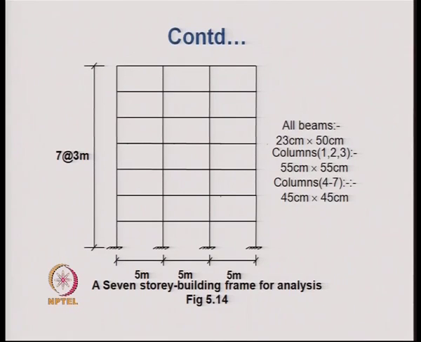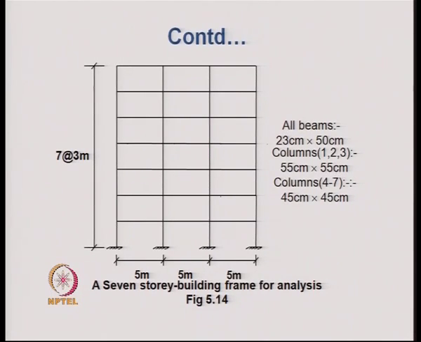All beams have a dimension of 23 centimeter by 50 centimeter. For the first 3 floors we have 55 centimeter by 55 centimeter column size, and for the upper floors the column sizes are 45 centimeter by 45 centimeter.